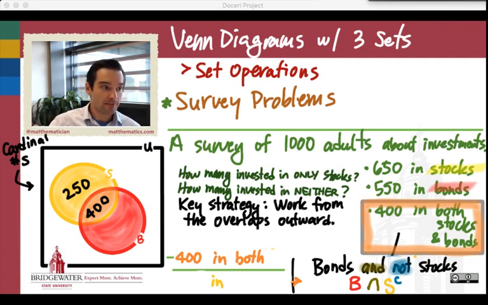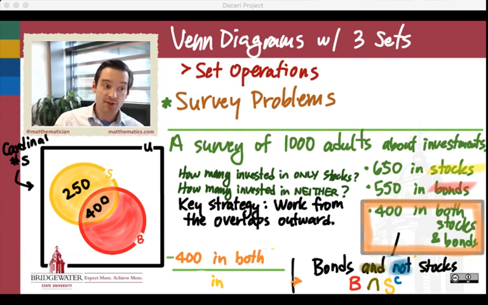So now that we have that, all we need to do is apply the same procedure to this question that we did to the previous one. So looking at the diagram, I've got 400 people in this intersection, but how many people do I have in the red circle total? Well, that total is the number of people that are invested in bonds.